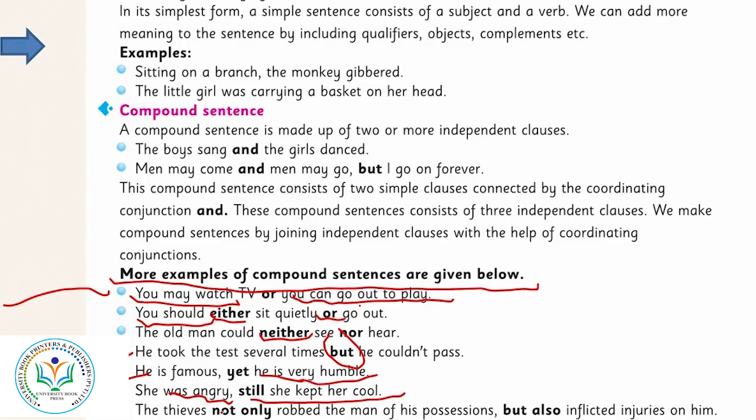The thieves not only robbed the man of his possessions but also inflicted injuries on him. Here you can see the coordinating conjunction is more than one word, not only and but also, working as a coordinator to join the independent clauses together.